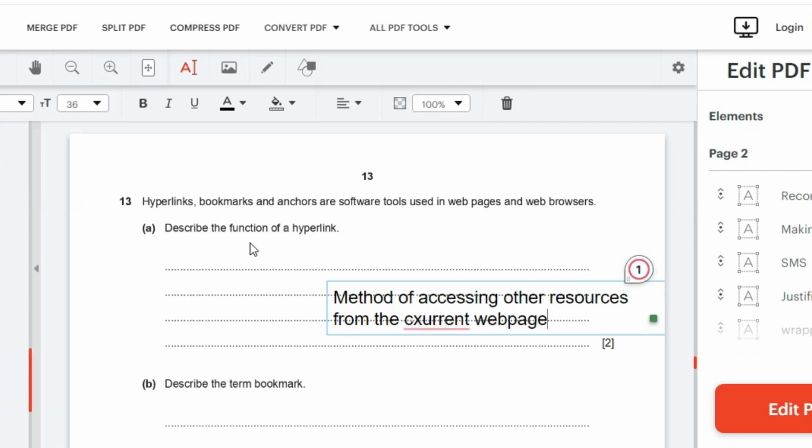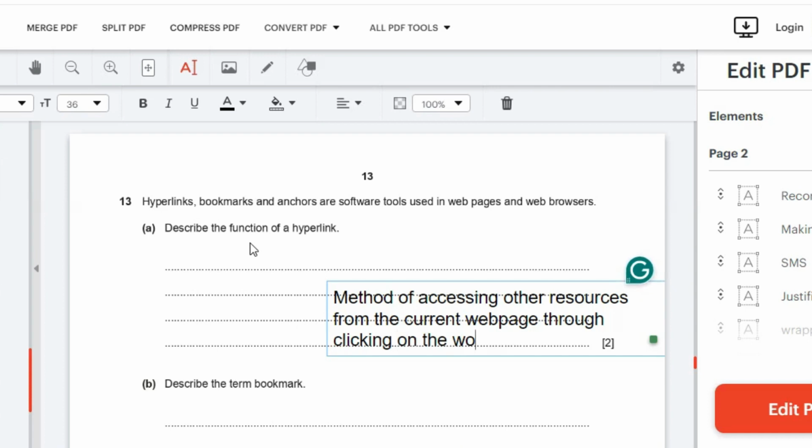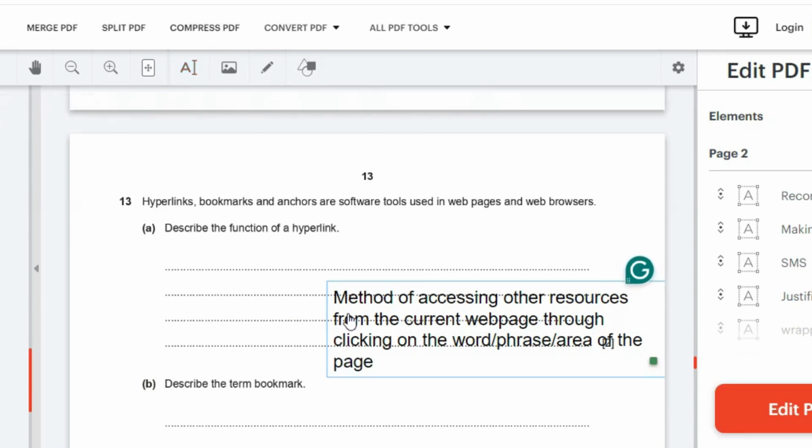A way for you to access other resources from the current web page, through clicking on the word, phrase, or area of the page. That is what we mean by a hyperlink.